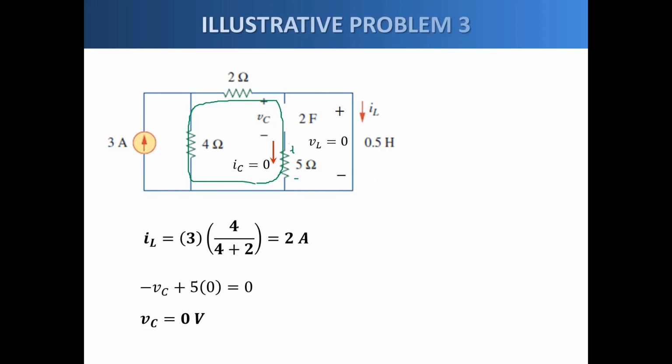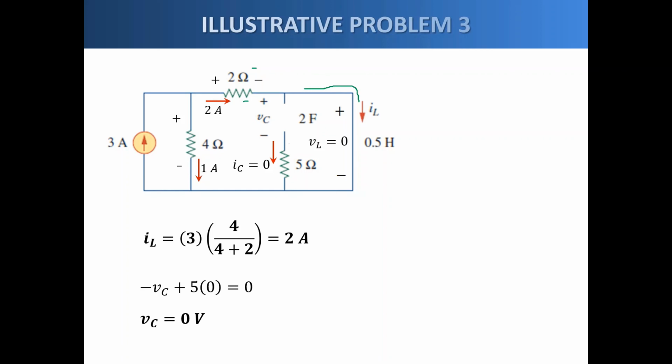Well, the current through the 2 and 4 ohms are given by this. Okay, so this is also 2 here because this branch here is in series with the 2 ohms. Therefore, the current through the 2 ohms is also 2 amperes. 3 minus 2 will give us 1 ampere through the 4 ohms.